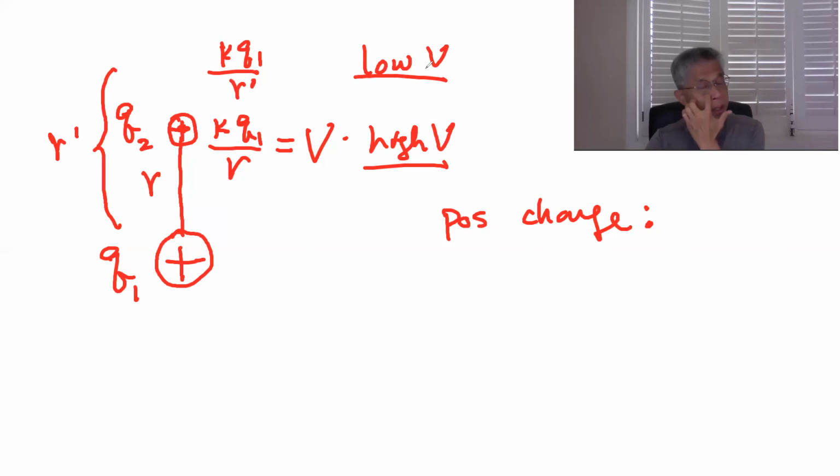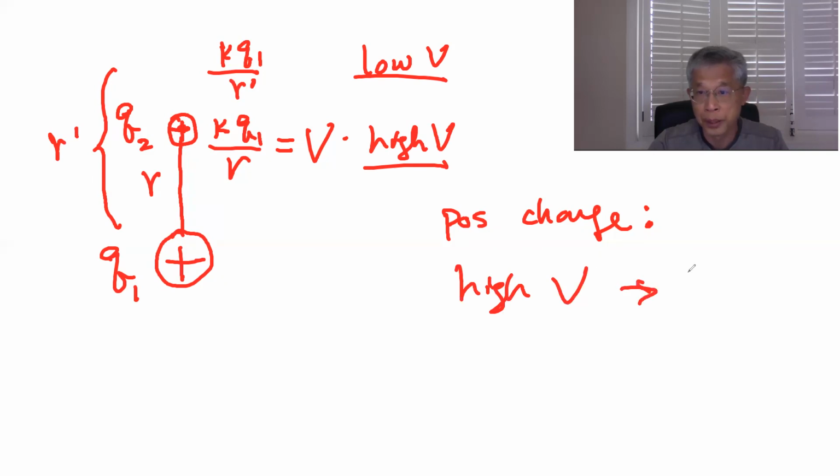So you can see that a positive charge likes to go from high potential to low potential.